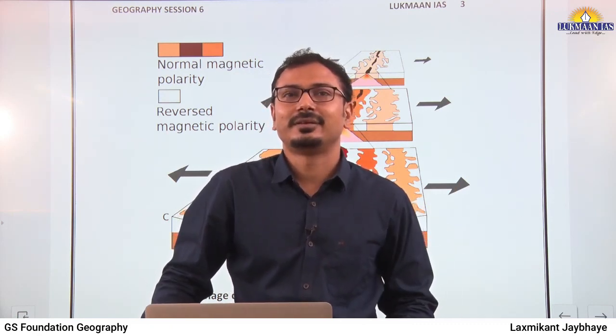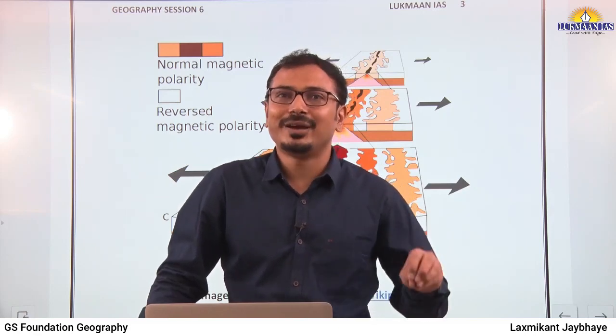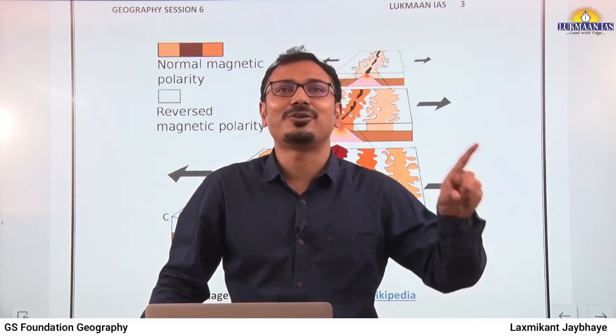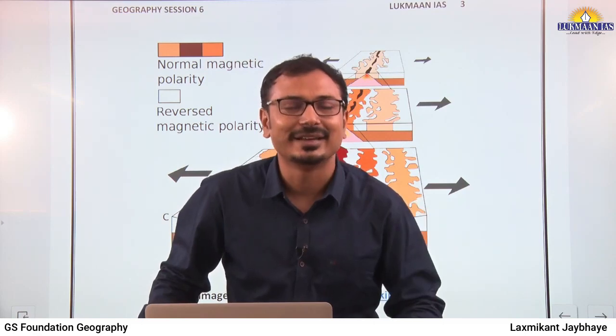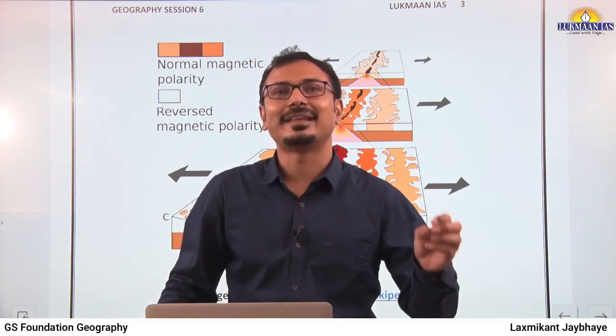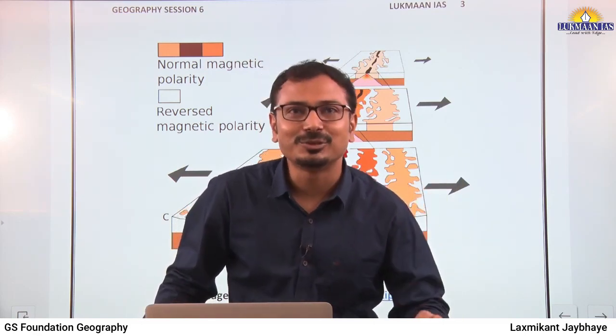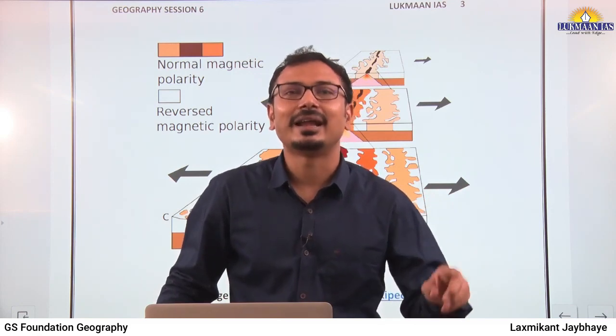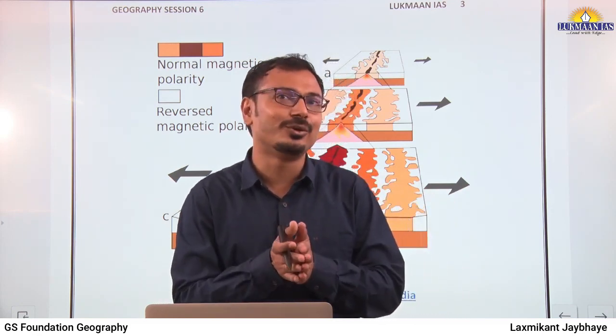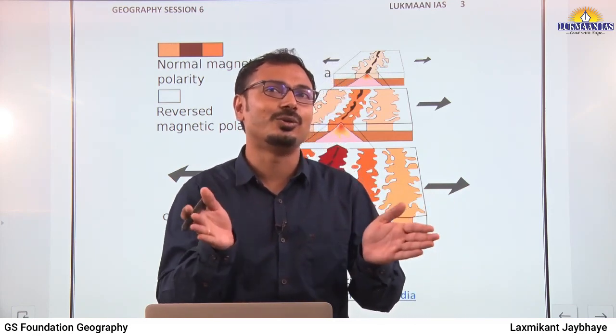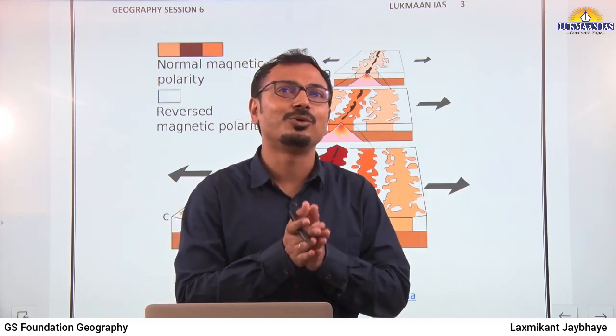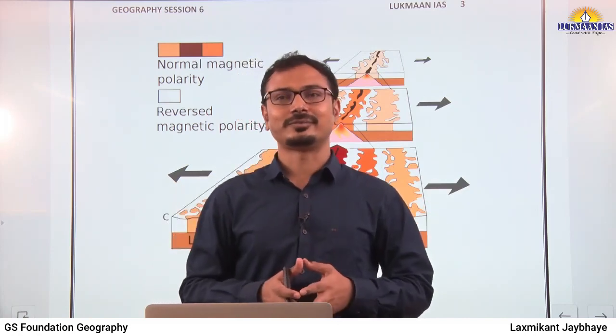inside the earth. Simply, we have to understand that the rate of formation of new crust is much higher than the rate of consumption in the trench, and that's why the sea floor is spreading at a slower rate. We are able to observe that also.